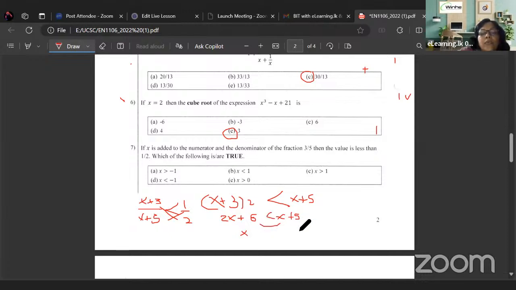Then you should move 6 to the other side. Plus 5 minus 6 is equal to minus 1. So what is the answer for question number 7? x less than minus 1. The answer is this one.